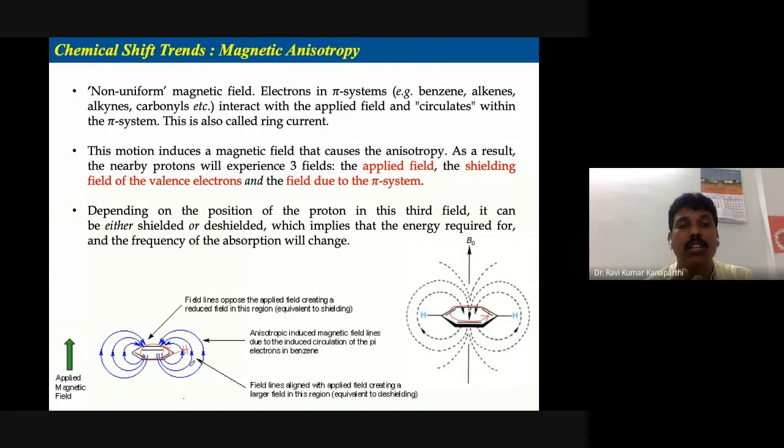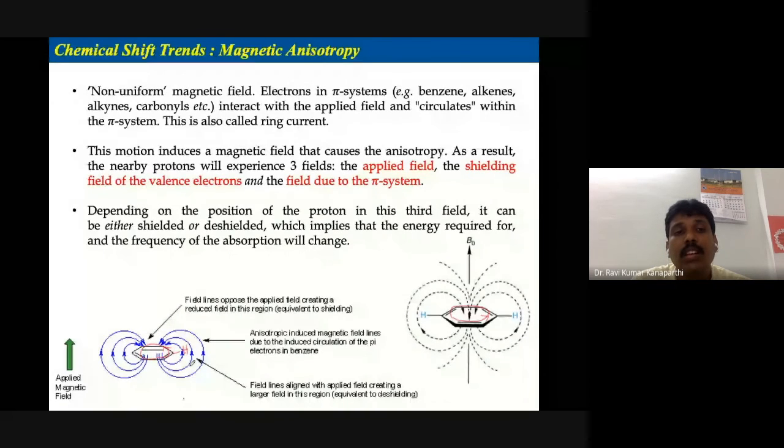This is what is referred to as anisotropy. It is a non-uniform magnetic field. Electrons in the pi system interact with the applied field and circulate within the pi system. This is called the ring current, and it causes anisotropy, and the protons will experience three different fields.